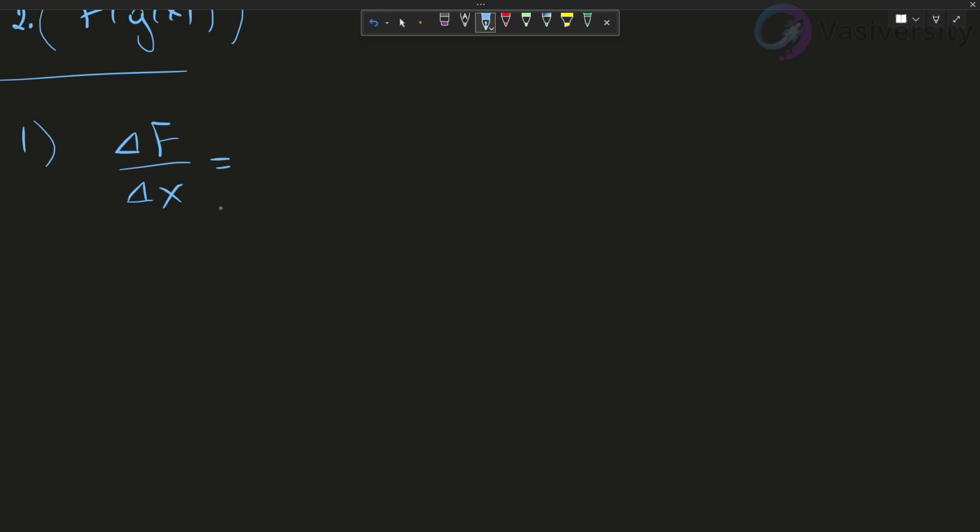We can rewrite it as delta f over delta of kx plus m, times delta of kx plus m over delta x. Those two cancel out, so we still have what we were looking for.